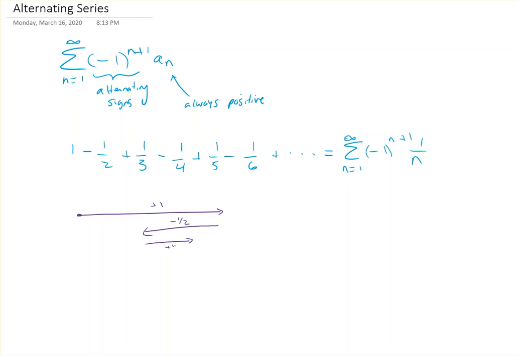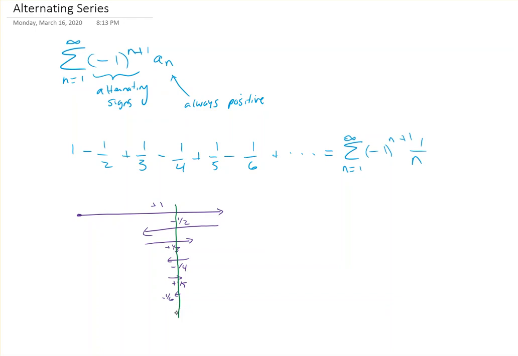Looks right about there. Then we're going to subtract a fourth, and add a fifth, and subtract a sixth. And what we're seeing here is that there's some line somewhere in here. I don't know where it is exactly, but there is some sum that is being approached.